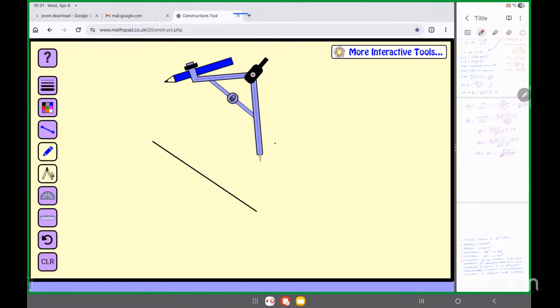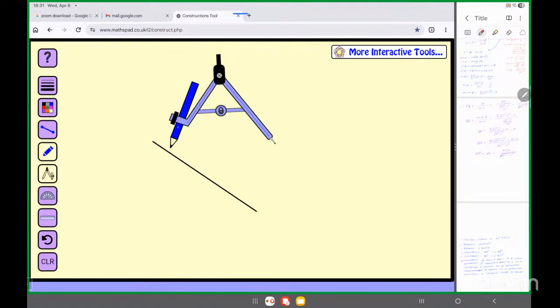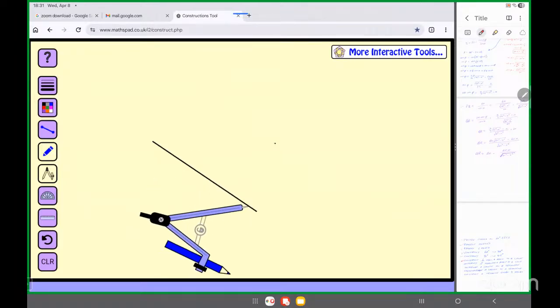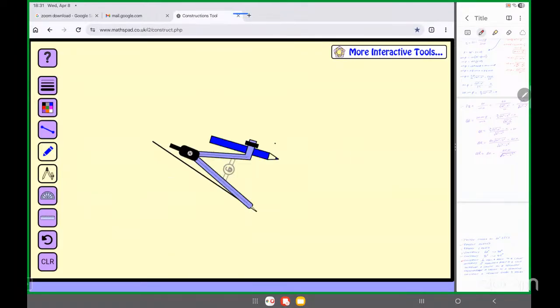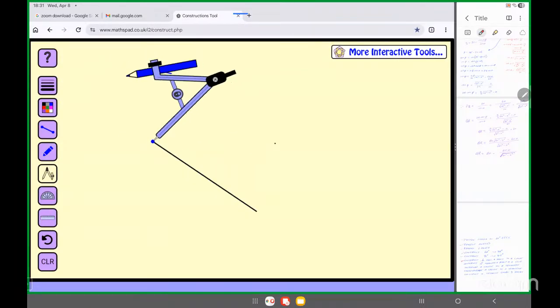So again, I want to transfer this distance from the point. Then put the point on this instead. That distance I want to transfer up here, to make an arc over there.